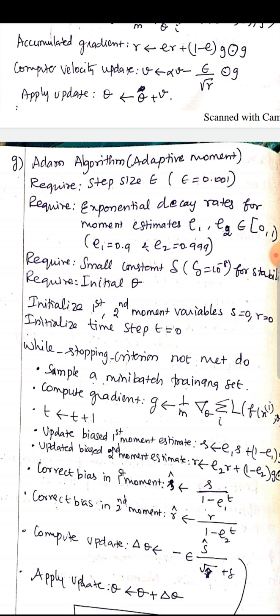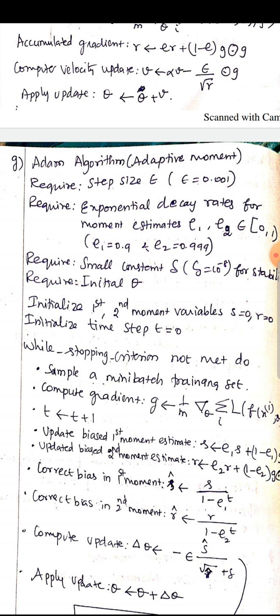Here we need many more initial values. One such value is the step size eta, which is 0.001; the minimum value we expect is 0.001. This is followed by exponential decay rates for the moment estimates, rho 1 and rho 2, in the range of 0 to 1.